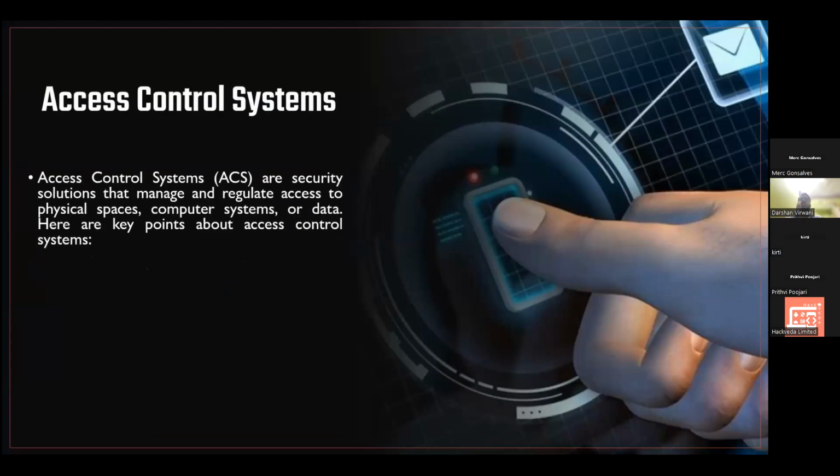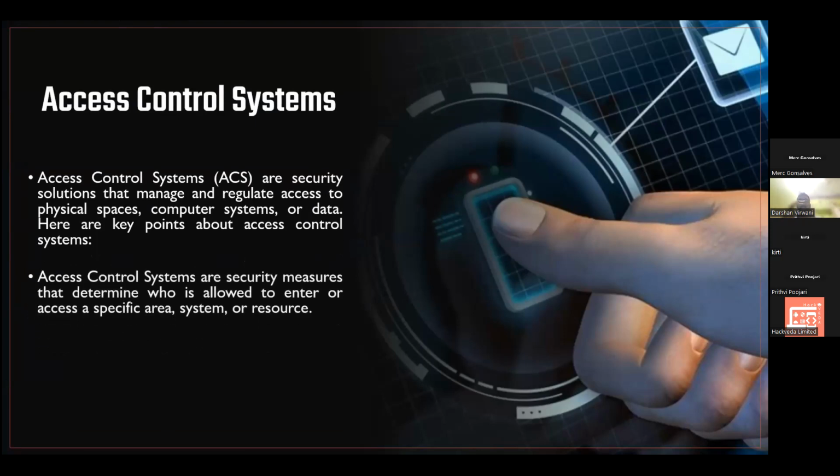What are access control systems? Access control systems are the type of system which prevents unauthorized access to our home or our business. So, what are their key points? First, access control systems are security measures that determine who is allowed into a specific area or specific resource.